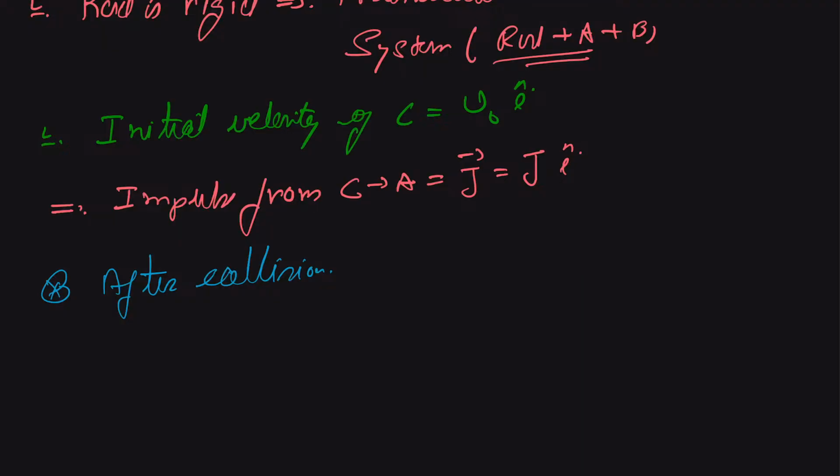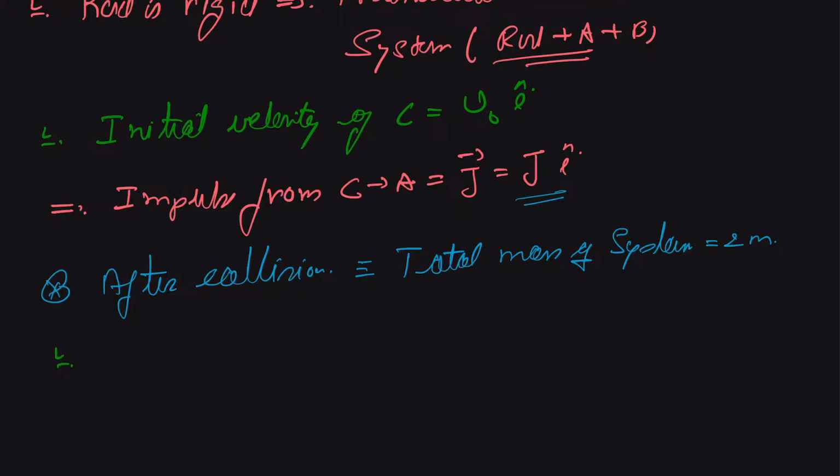Okay. We are mainly interested in mass A as well as mass B. So we can say that the total mass of our system is 2m, and the impulse is J i unit vector.